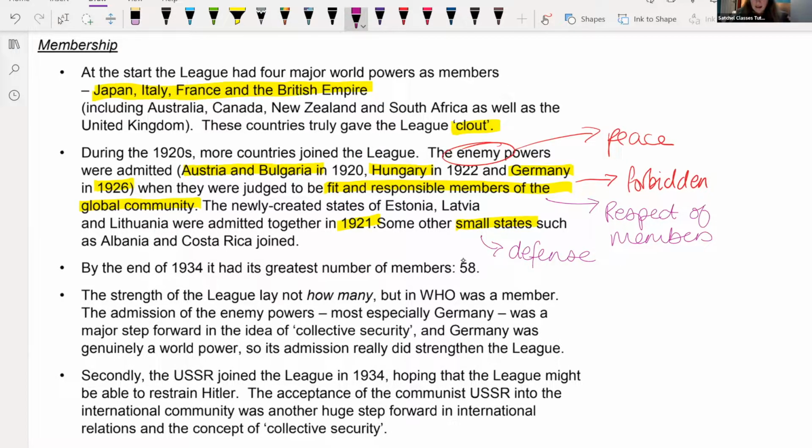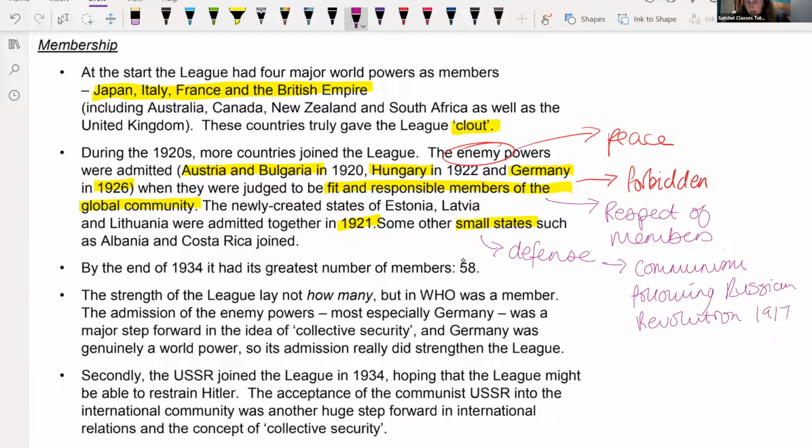And in case a larger country was to attack them, they've got the backing of these smaller countries. And this is especially important with the rise of communism following the Russian Revolution of 1917.